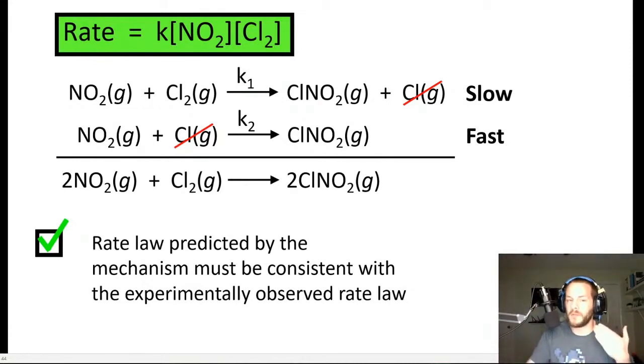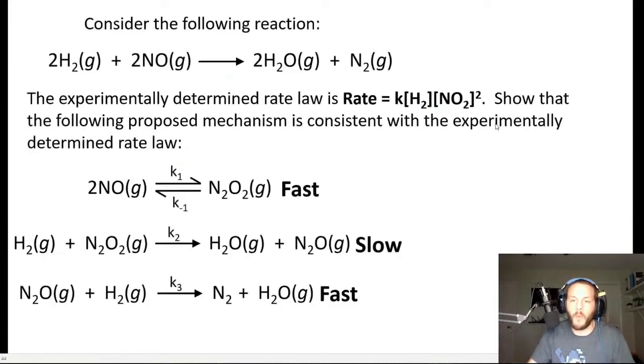And that was fairly easy, because we had the rate equal to the concentration of one reactant times the concentration of another reactant. Because the first step was our rate limiting step, we didn't have to worry about any intermediates appearing in our rate law equation.